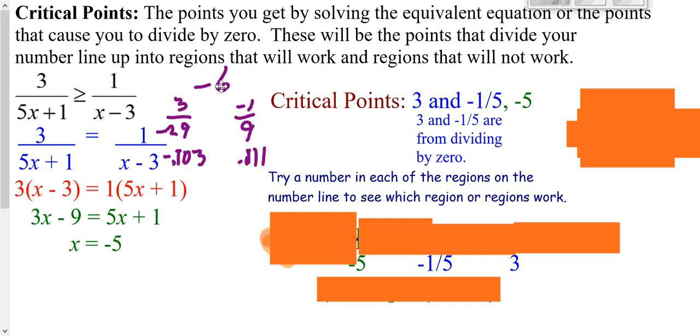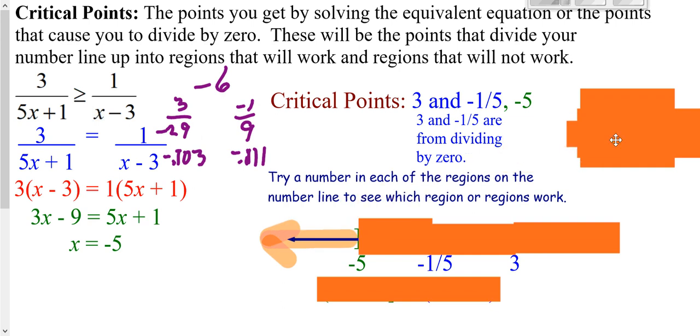So if I plug in -6, I get -3/29 on the left side. I get -1/9 on the right side. If I do the decimals, I forgot a negative sign here, sorry. Now, I would end up getting this to be a true statement because I want this one here to be greater than. If you look at a number line, this is farther to the right than this one here, so it does work.